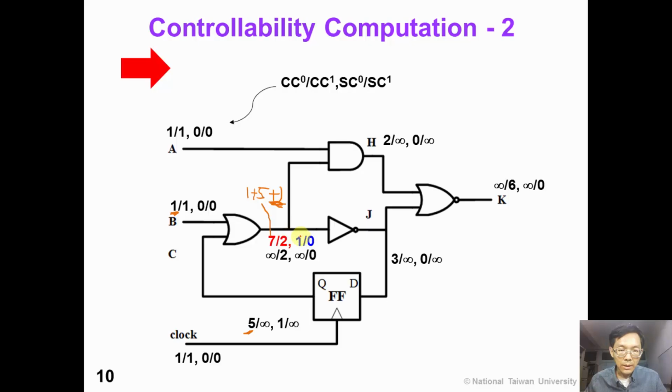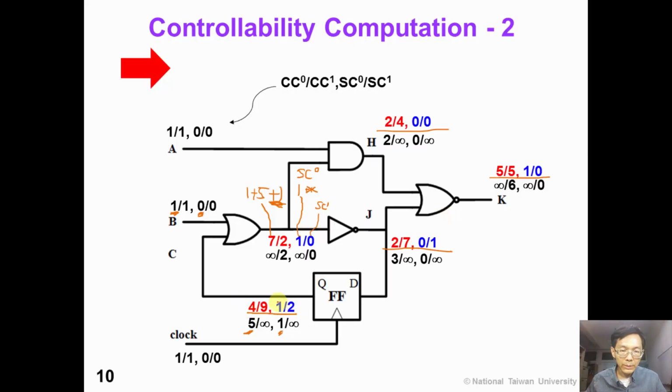And SC0 is now 1, which is the gate input. Don't forget that we don't need to add 1 for sequential controllability. And the SC1 is still 0. Now we can move on to the next level and the next level.